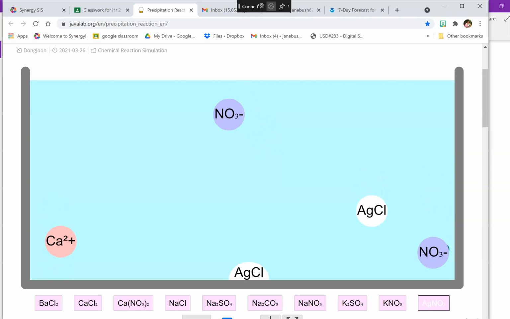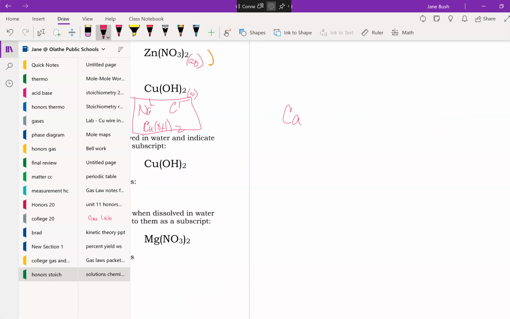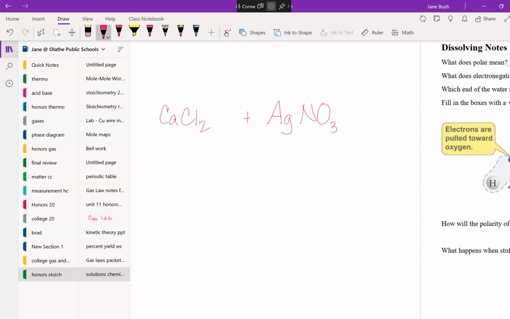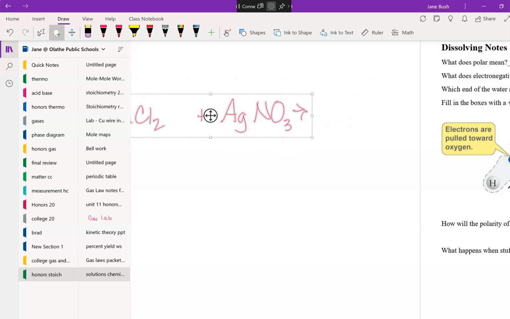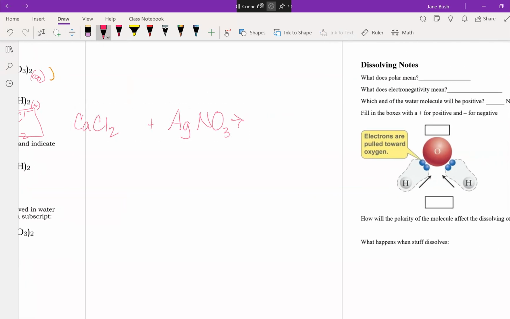So this reaction would have been calcium chloride plus silver nitrate gives you calcium nitrate plus silver chloride.